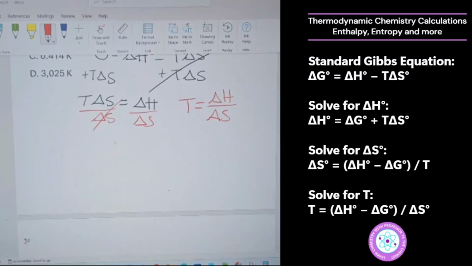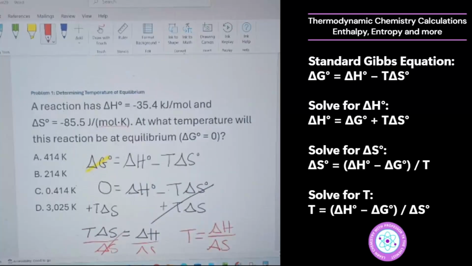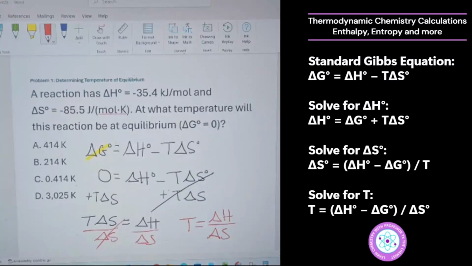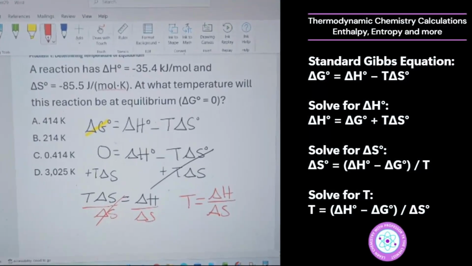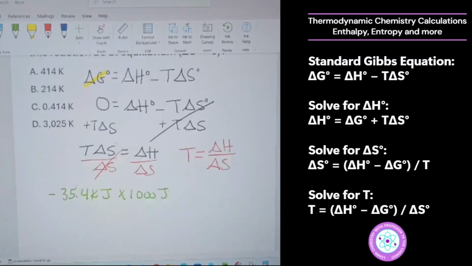Okay, so I'm going to go back up here and put this off to the side, that negative 35.4 kilojoules. We need to get it into joules, all right? So we're going to multiply it times 1,000 because 1,000 joules is equal to 1 kilojoule.